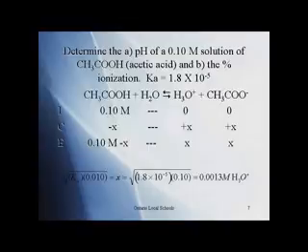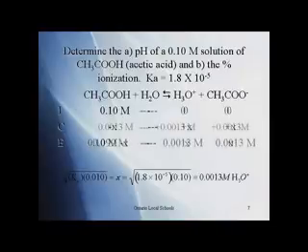The square root of our Ka value times the 0.10 moles per liter will equal X. So the square root of 1.8 times 10 to the negative fifth times 0.10 will equal 0.0013 moles per liter of the hydronium ion. Now that we know the value of X, we can go in and fill out our ICE chart.